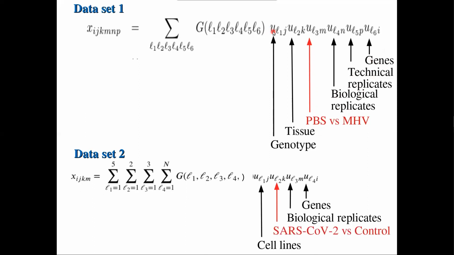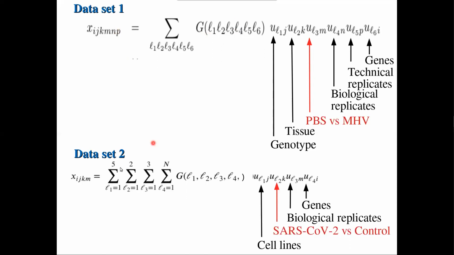These vectors are not unique, but represent several dependencies upon genotype and tissue and control and MHV infection, and biological replicate and technical replicate and genes. Then several combinations of products of these six vectors are summed up to x_ijkmnp with the weight of g.